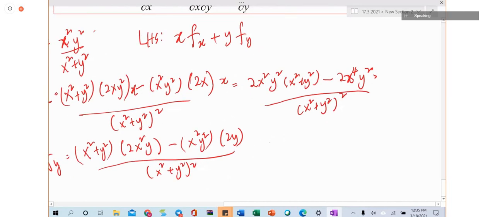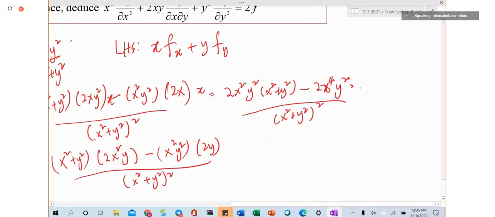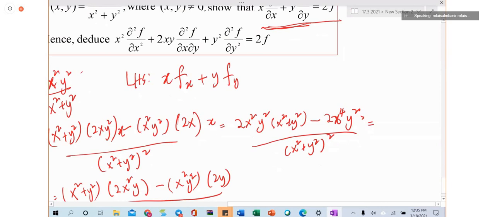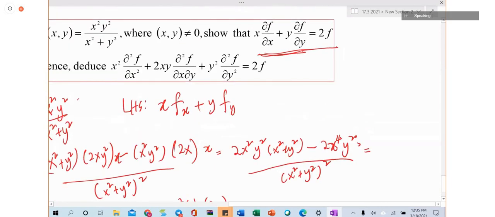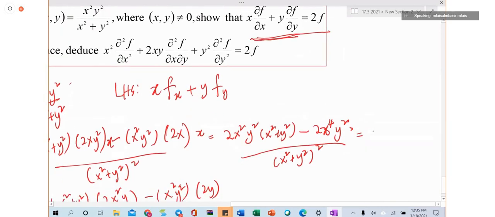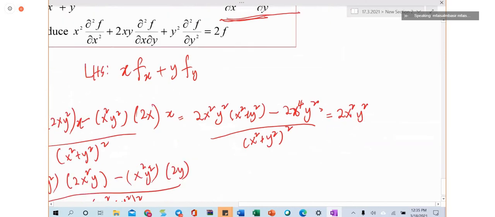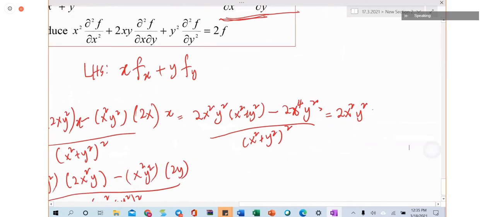Okay, this will be a long process. So see whether I can factorize anything. See here, I factorize 2x squared. So what do we have here? Okay, I try to solve that first.